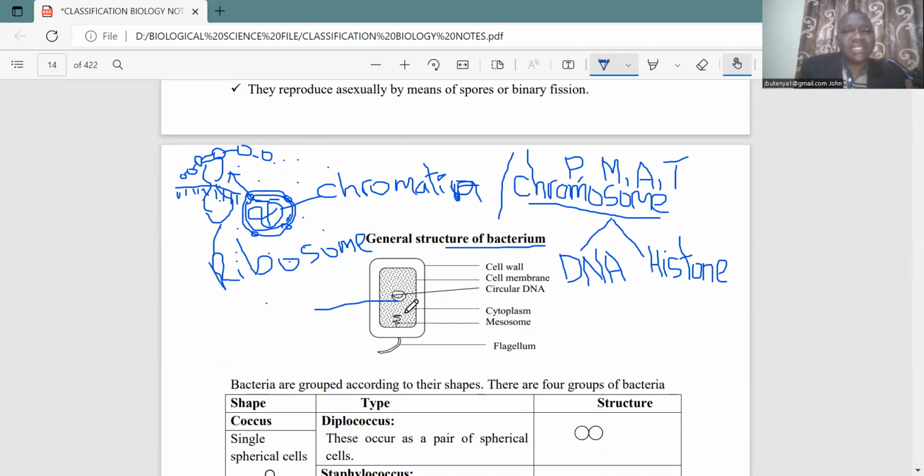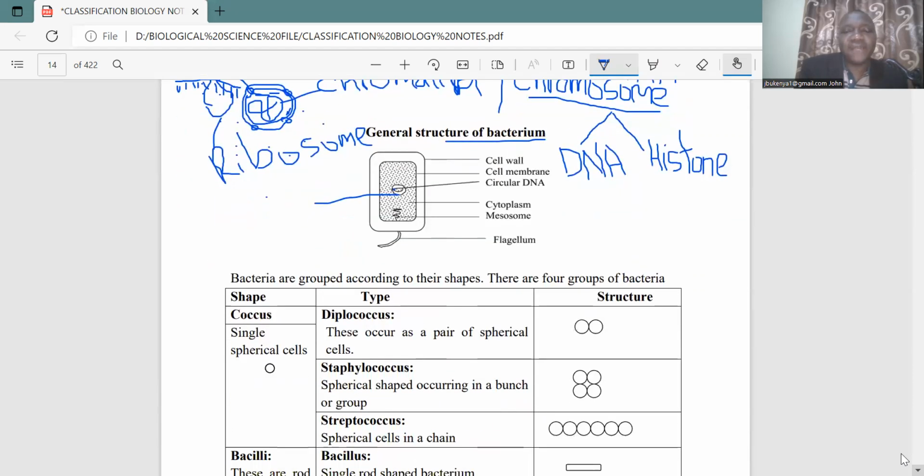But the DNA which is present there will form a few proteins. That circular DNA will form a few proteins, and also help in the reproduction, replication, and multiplication of bacteria by fission.